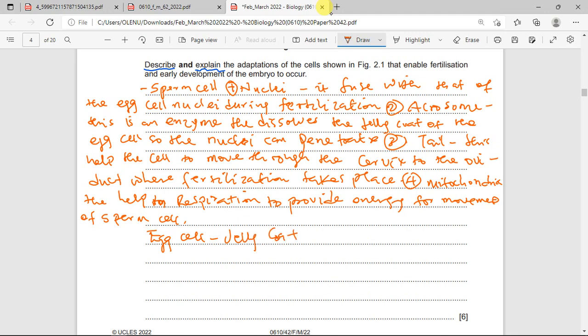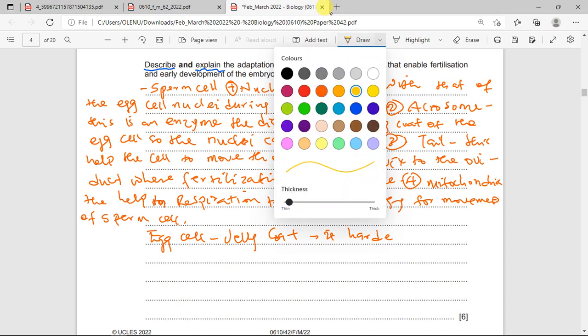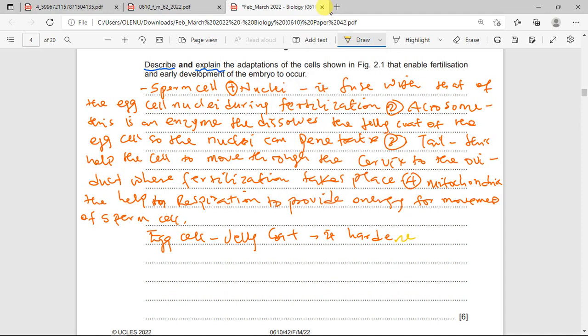And the function of this jelly coat is that it hardens after fertilization to stop sperm from entering.